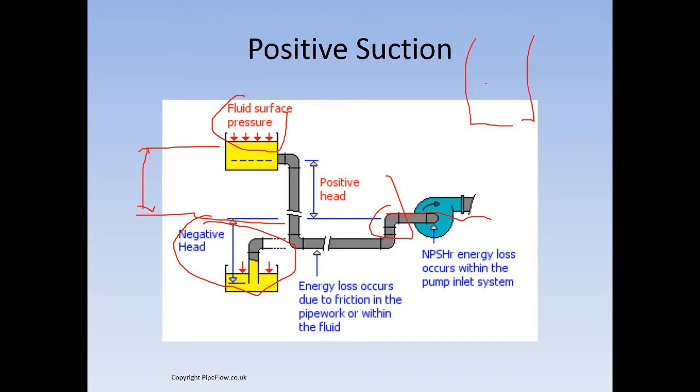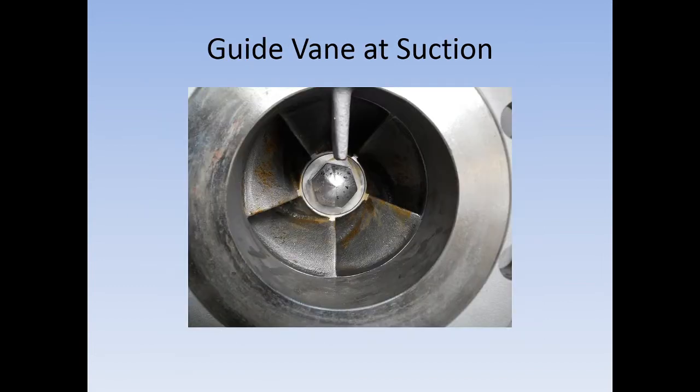Let's say you have a box like this, and according to Bernoulli's law, or the static pressure law, the pressure here is higher compared to here, because the mass of water is concentrated here. After some of this water is removed, it gets weaker, so it presses at the bottom side higher than at the top side. So that's what we call positive, and this is negative. So this is a picture of the guide vane at suction.